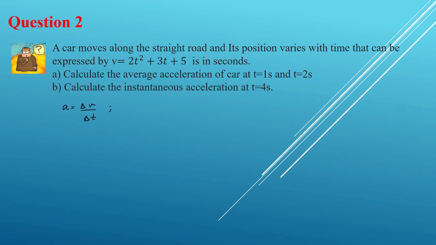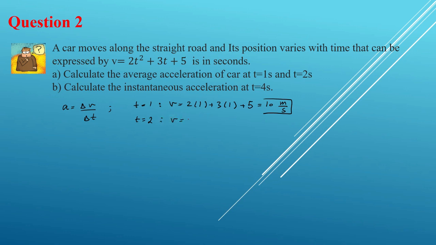So now for t equal to 1, my v is going to be 2 times 1 squared plus 3 times 1 plus 5, which is equal to 10 meters per second, correct? And what about t equal to 2 seconds?